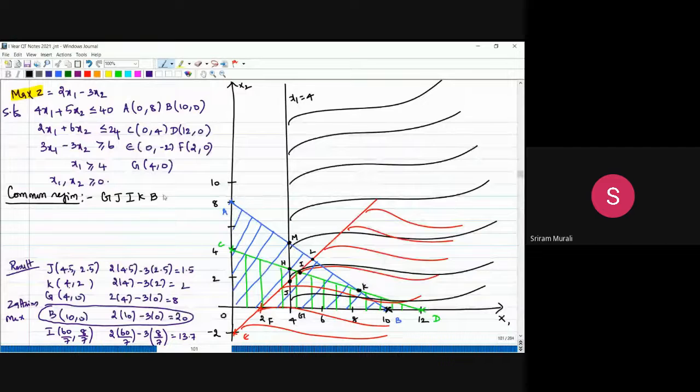So what I want to find now, this common region means these points of intersection have to be found. So to find the point of intersection J, once I find this J and I, the problem is over.